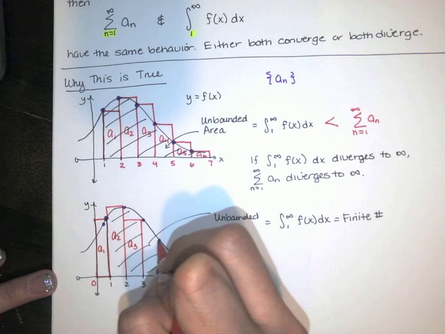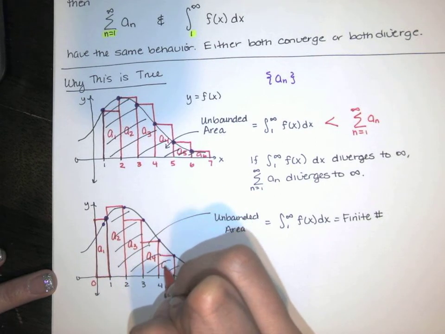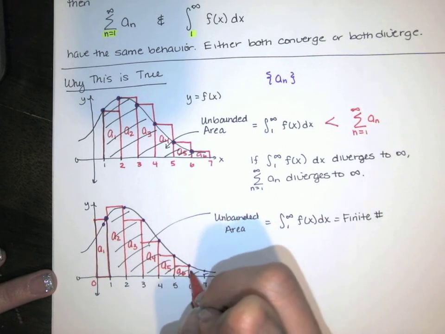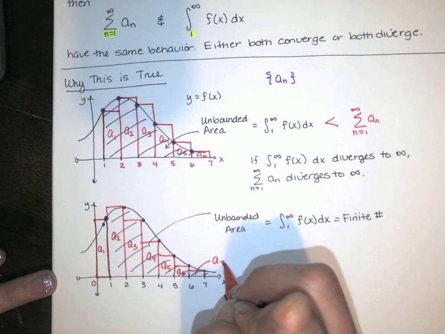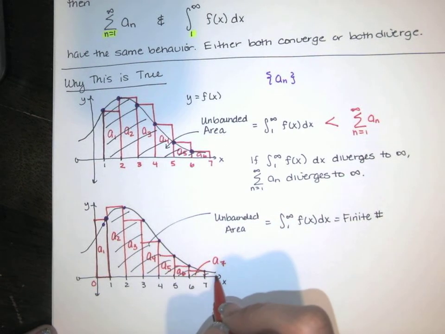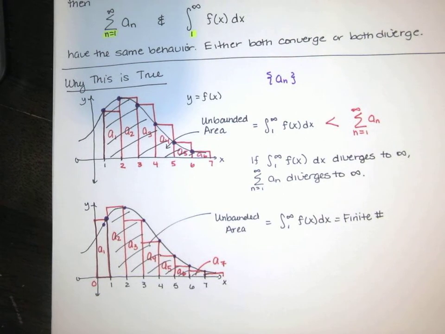Height of a sub 4 and a width of 1. So all these areas are equal to the terms of our series. So there's a sub 7, the next one's a sub 8, wherever that is, and so on.